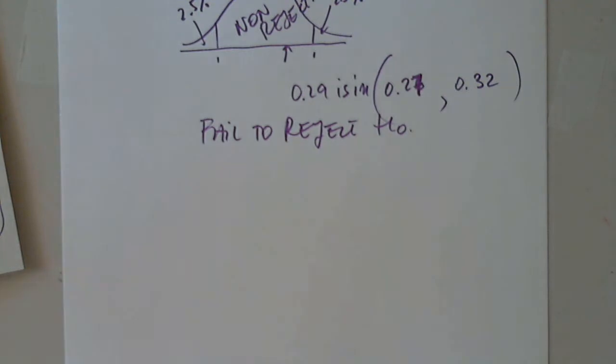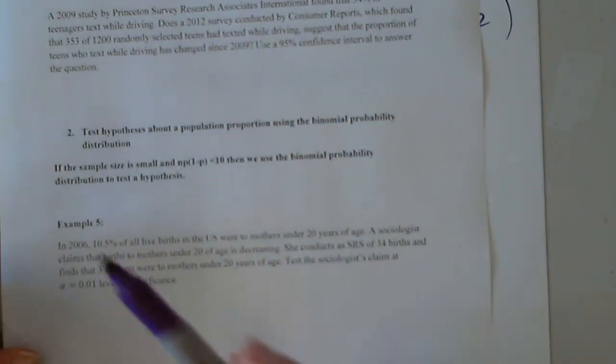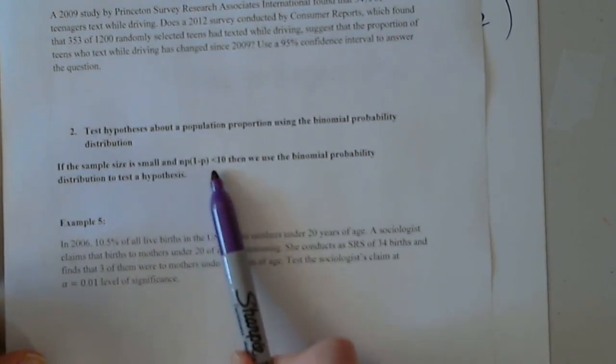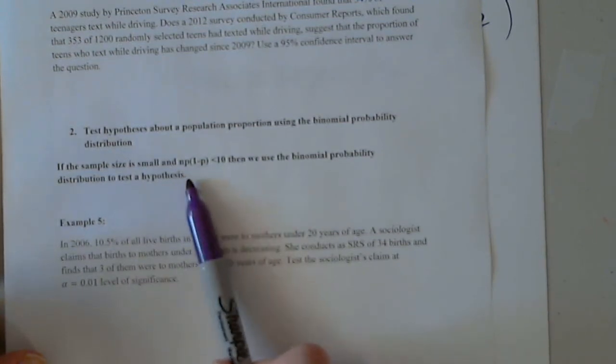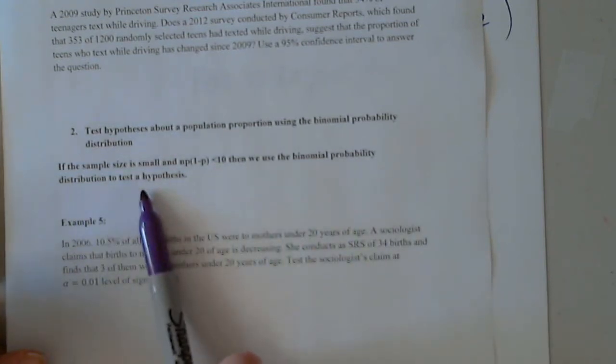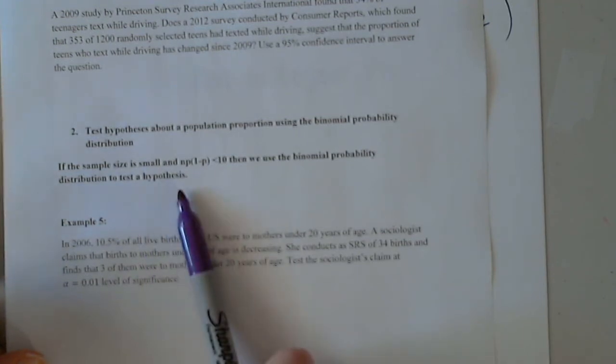Okay, last problem before we look at StatCrunch and other problems from MyLabs Plus. If the sample size is small and this is not greater than or equal to 10, but is less than 10, then we will be using a binomial probability distribution to answer the conclusion of a test of hypothesis.